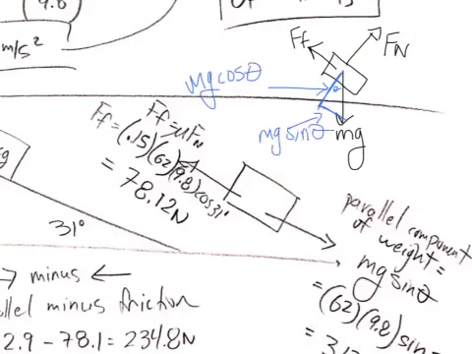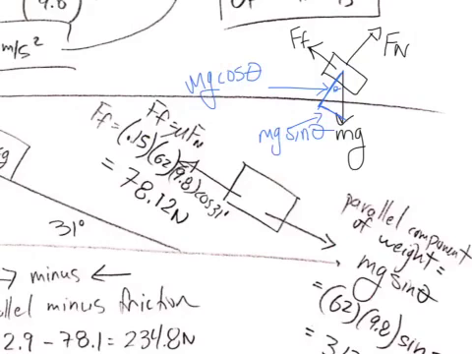So, we've definitely done some questions like this. If you're confused about that, look at the block sliding down inclined plane basics video lesson. I think I went through and explained that in great detail. So we just assume that you can do that at this point.